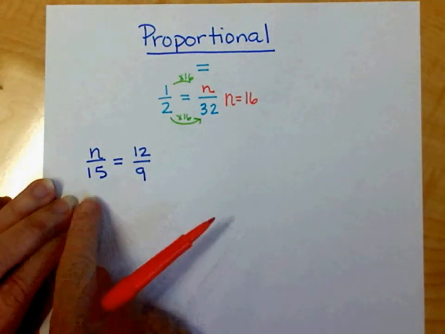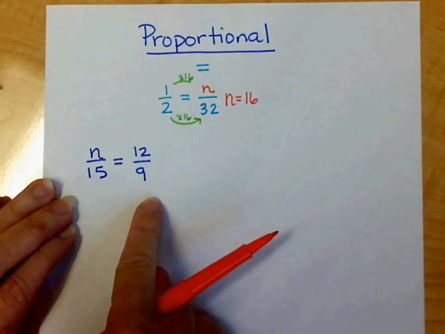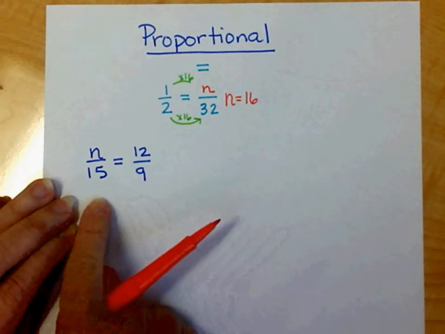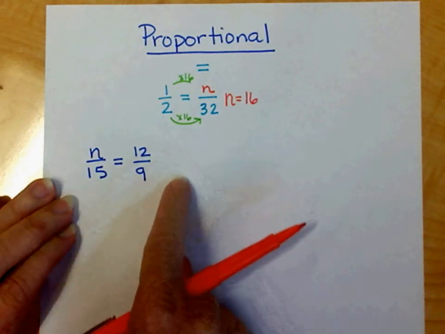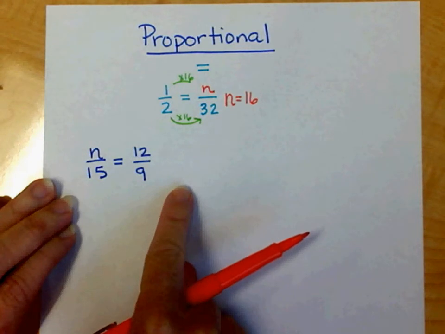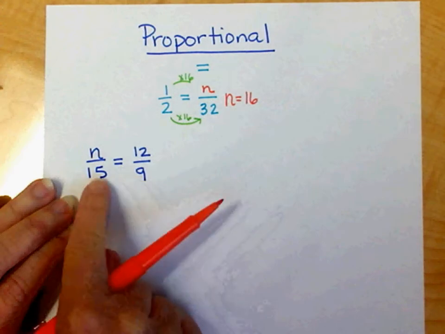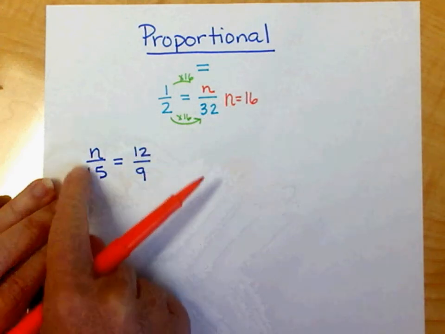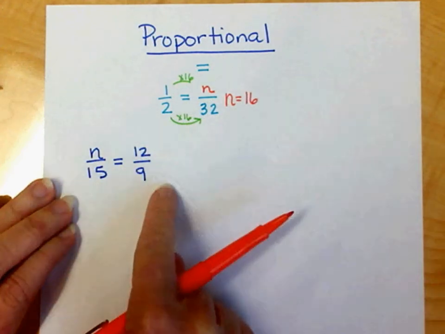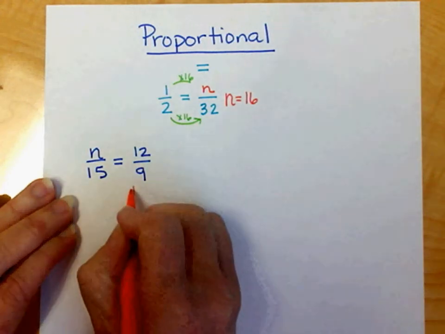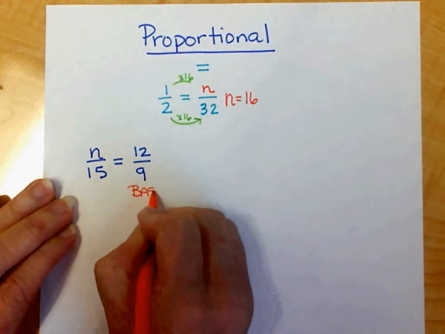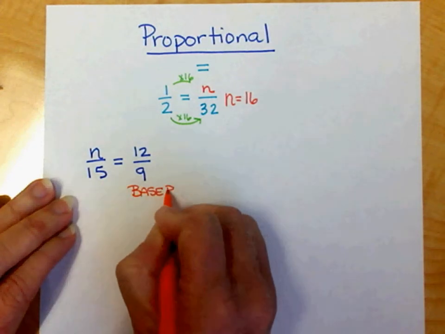I can look from left to right. I can look from right to left. I can even look from top to bottom. Right now, no direction that I look at it, I'm seeing a scale factor. But could I find a base ratio?